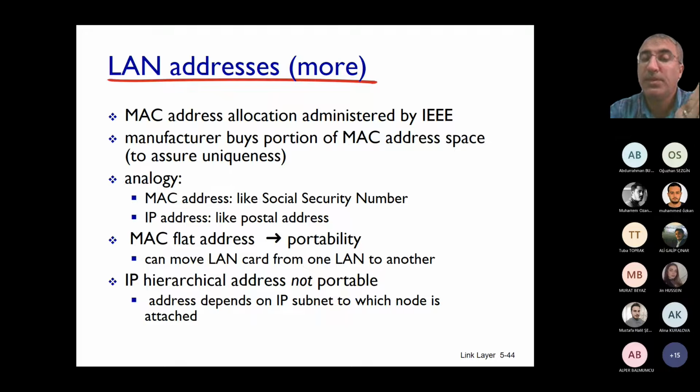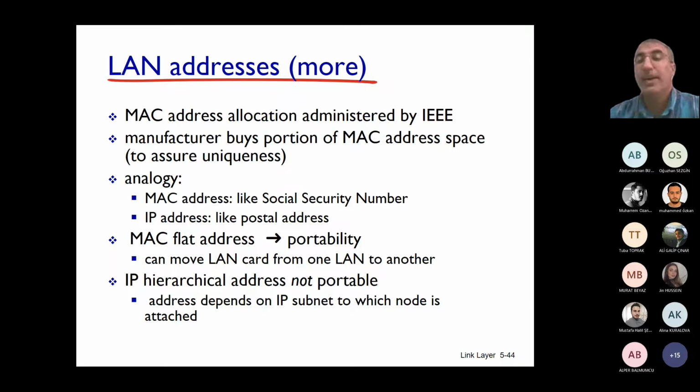If you compare the MAC address versus the IP address, the IP address is like the postal address of your home, and the MAC address is like the national ID number of each person living in that house, so that we can differentiate each person at a single IP address.